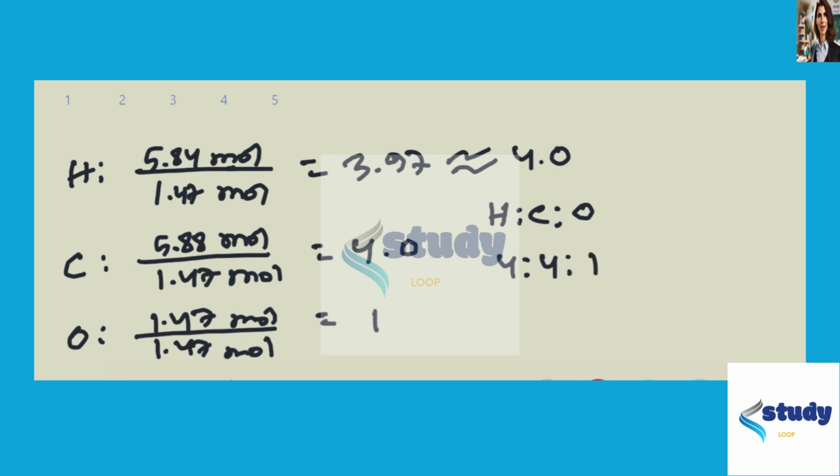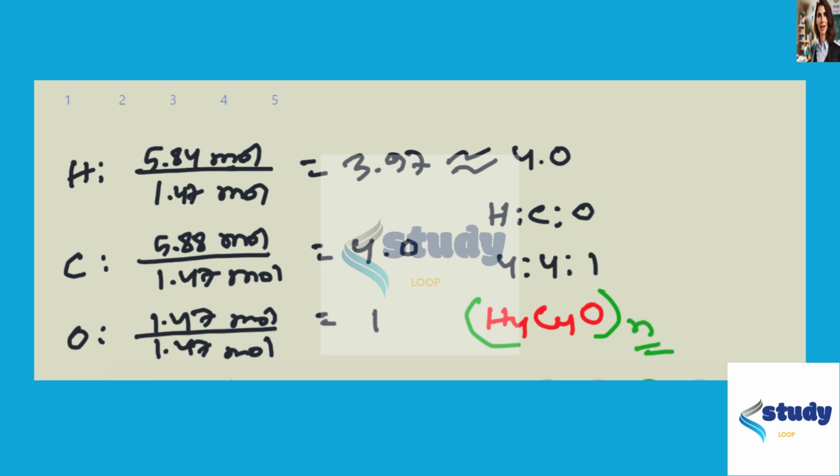That means the empirical formula for this weak acid will be H4C4O. So this is the empirical formula, and from here you can find out the molecular formula just by putting a bracket over it and putting an n here.